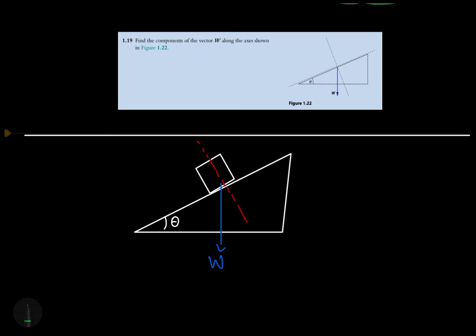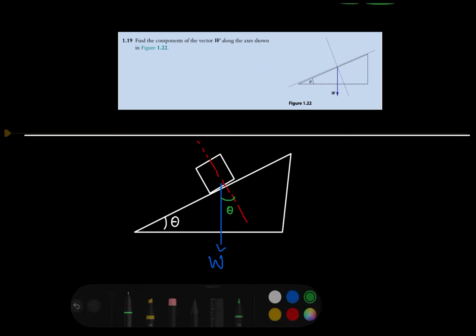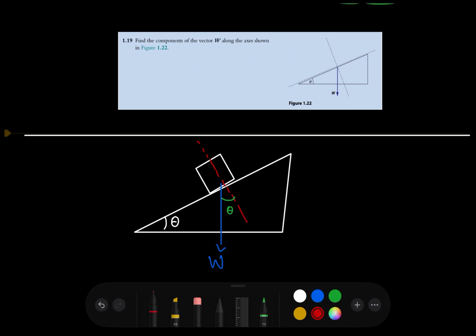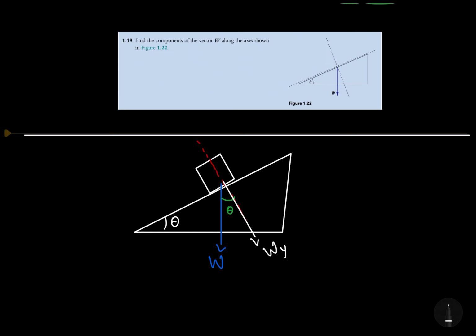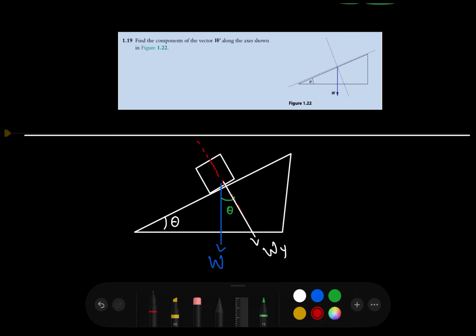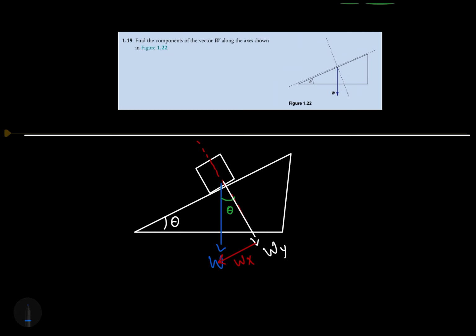Now, W is getting applied at a specific angle. We can call that angle theta. It's going to have two components. One in the y direction, we can call that Wy, and one in the x direction, so we're going to connect that to the other side, we can call that Wx. Now, Wy is, as you can see, actually adjacent to the angle, right?